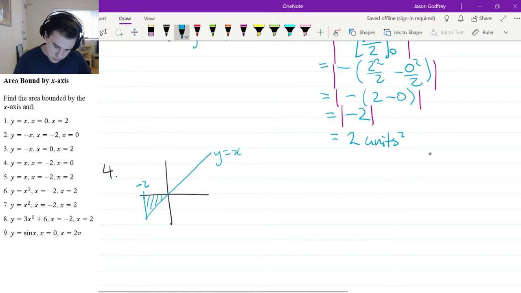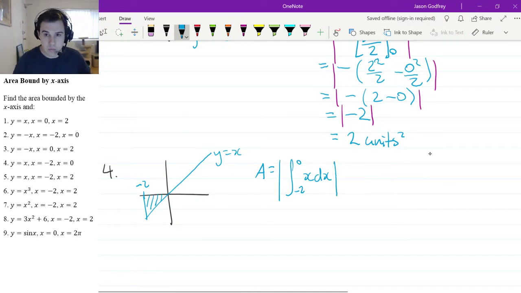So the area is going to equal the integral from -2 to 0 of x dx, but since it's below the x-axis, or just to be safe, we're going to take the absolute value of whatever that is. Again, same integral.